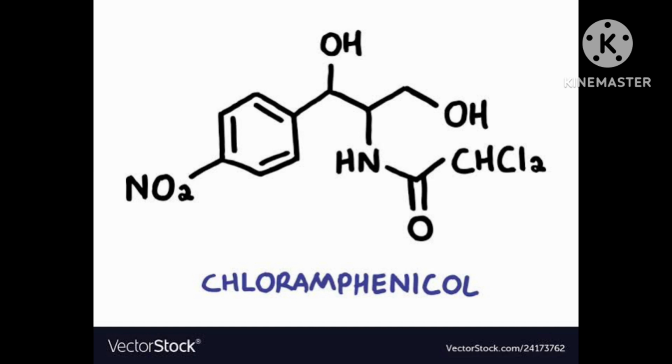In chloramphenicol, one benzene ring will be there, and at the para position NO2 is attached, and at the alpha position a long chain group is attached, a 3-carbon straight chain.